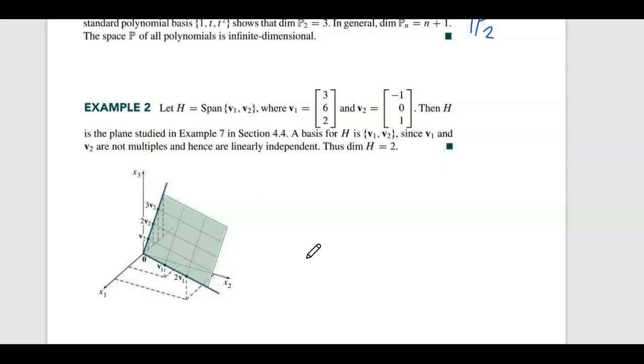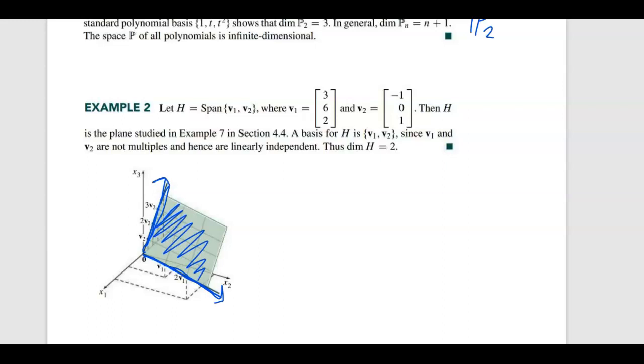And then we also have 1, 0, 1. Notice 1, 0, 1 is in the plane down here. And so that span is the plane between them.